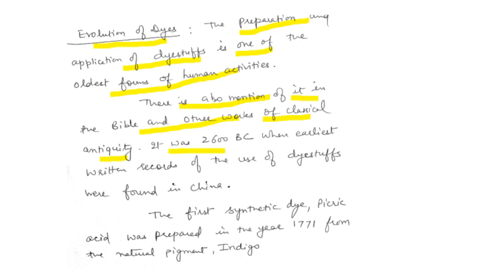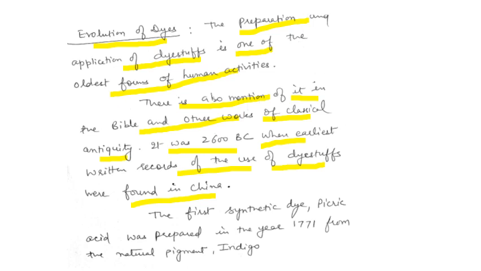It was 2600 BC when the earliest written records of the use of the dye stuffs were found in China. So in 2600 BC, in the books it is written that dyestuff material were found in China.